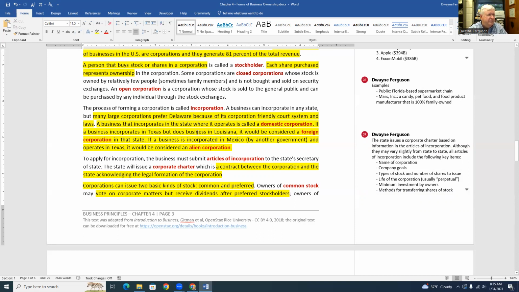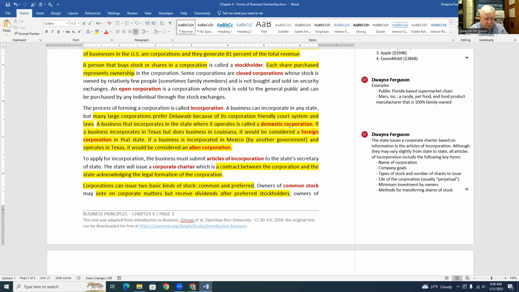You need to incorporate where you think it's most advantageous for your business, but you need to know these three. A business that incorporates in the state where it operates is a domestic corporation. If you are in Texas, operating in Texas, and you incorporate in Texas, you're a domestic corporation.